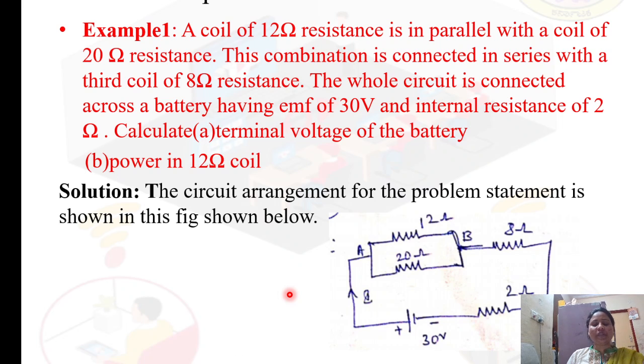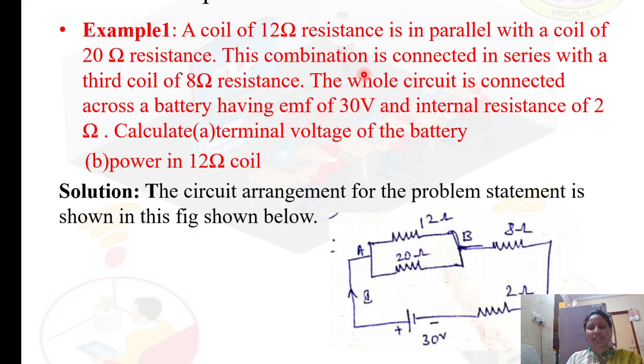Okay. Now let us take another simple example where we can apply KVL, KCL, and also continue with the calculation of power. Let me go through the problem statement. A coil of 12 ohm resistance is in parallel with a coil of 20 ohm resistance.